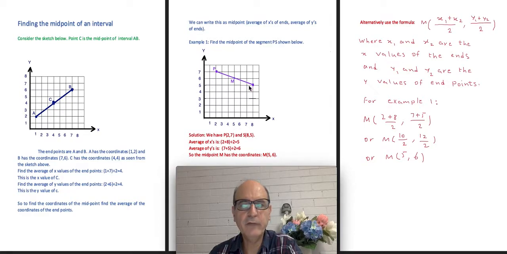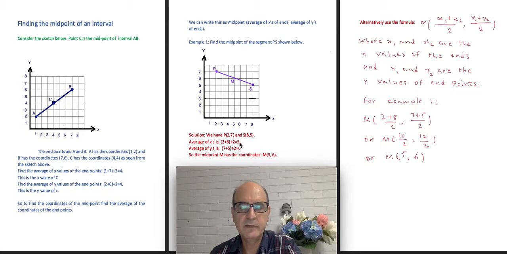For the y of M, again, add the y's of the ends and divide by 2. So y of S is 5 and y of P is 7. 5 plus 7 is 12, divided by 2 is 6. 7 plus 5 in the bracket divided by 2 gives us 6.